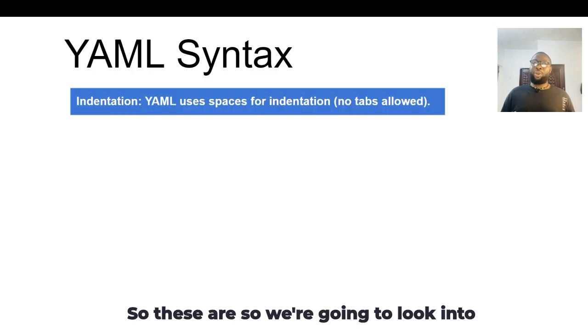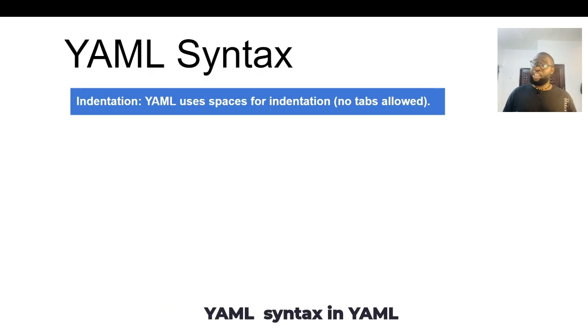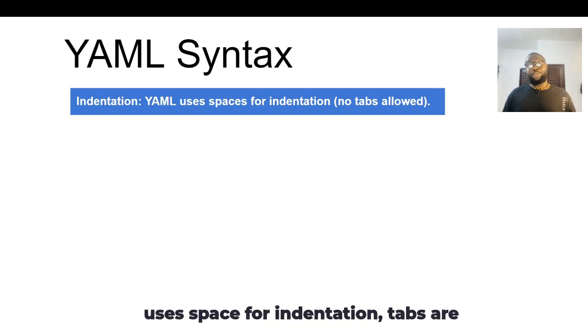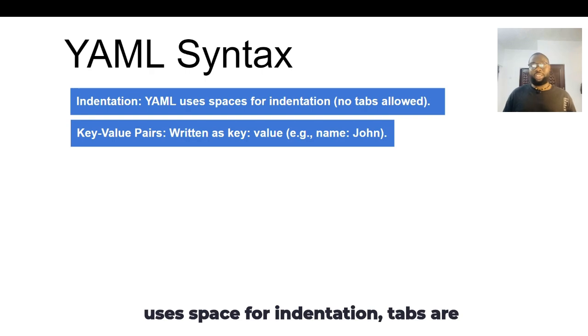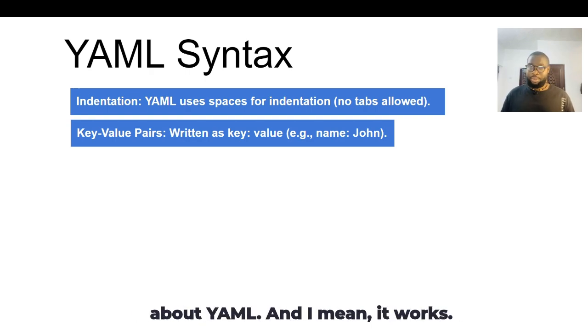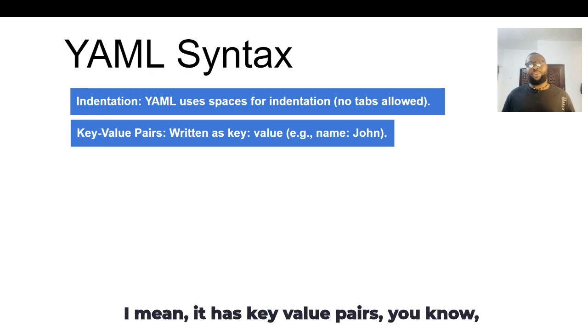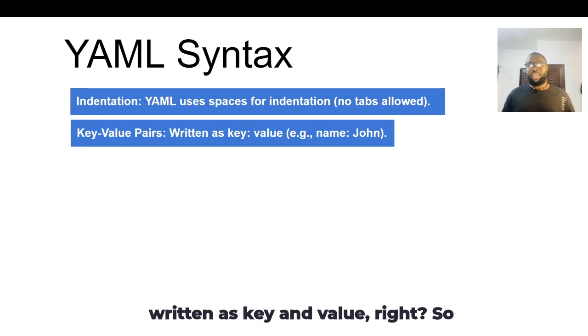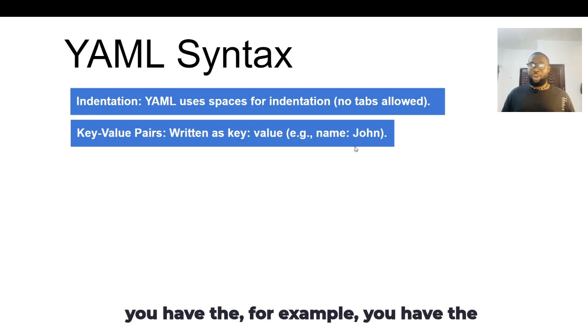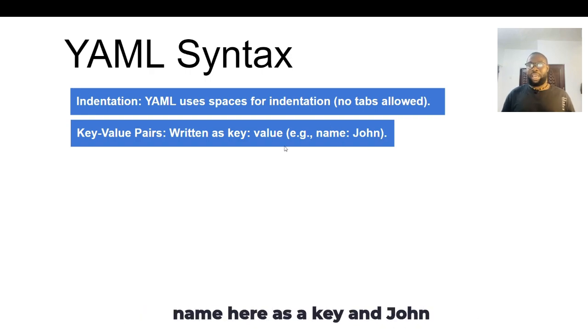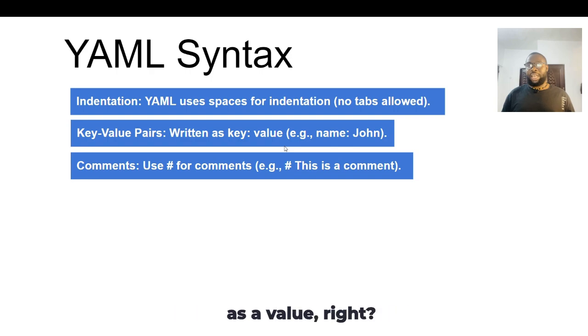So we're going to look into YAML syntax. YAML uses spaces for indentation; tabs are not allowed, which is something you need to know about YAML. It has key-value pairs, written as key and value, right? For example, you have the name here as the key and John as the value.